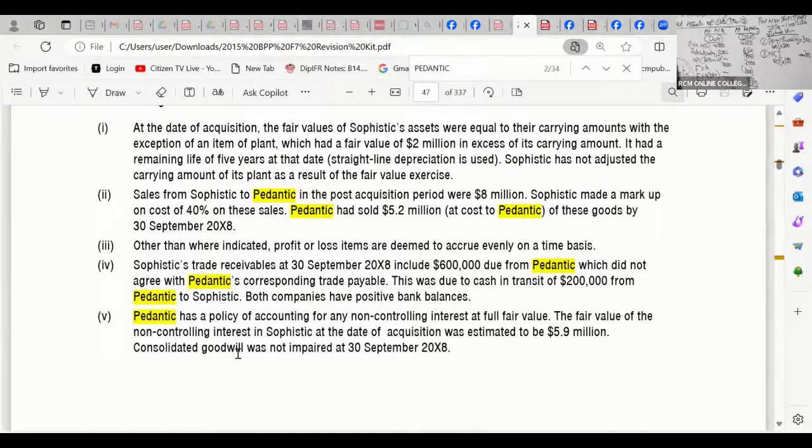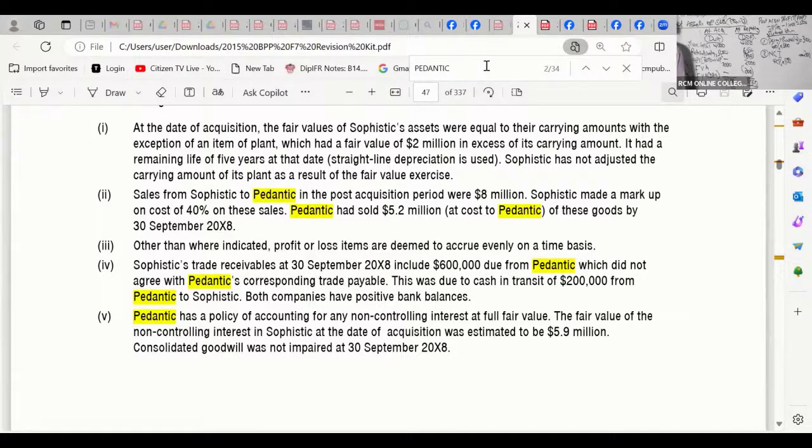The fair value of the non-controlling interest in Sophistic at the date of acquisition was estimated at 5,900. We're cutting the 3 zeros. Consolidated goodwill was not impaired at that date, so you don't want anything to do with goodwill now. What I want is to know the value of NCI at the beginning, what was brought forward, and then we attach their share of PAP, and then that will be everything.